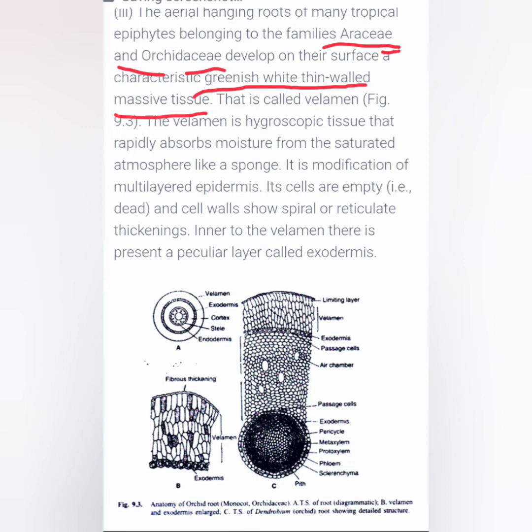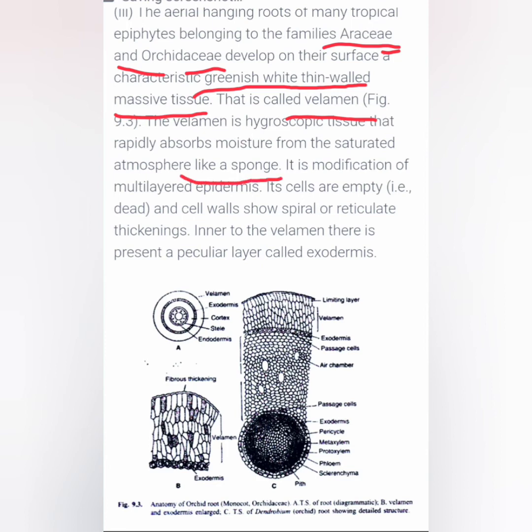So these roots, especially belonging to the families Araceae and Orchidaceae, have on their surface a greenish white thin-walled massive tissue, and this tissue is referred to as a velamen. A velamen is a hygroscopic tissue that rapidly absorbs moisture from the saturated atmosphere like a sponge.